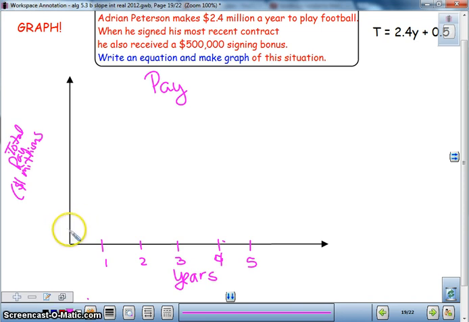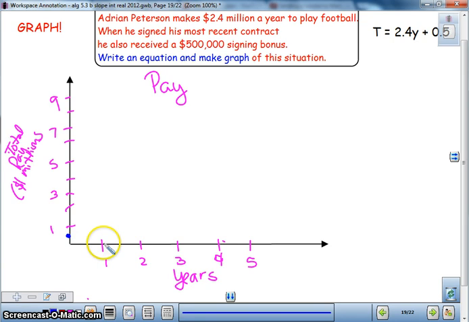So the question is, could we have 1 million, 2, 3, 4, 5, and if we are starting our scale, we're going up by ones. So if he saves his money and does a nice job, he's getting paid pretty well. Remember, at year 0, his signing bonus, just for signing with the Vikings, was 0.5, so half.